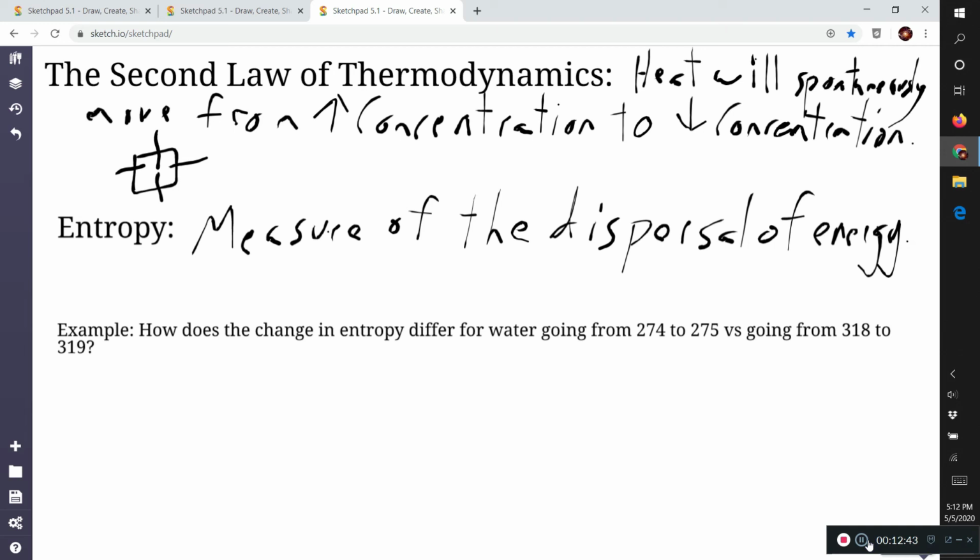Let's say we have a cooler, and inside that cooler we put one really, really cold chunk of ice. So there's a lot more thermal energy outside than there is inside the ice. This has low entropy. The thermal energy is very different from location to location.